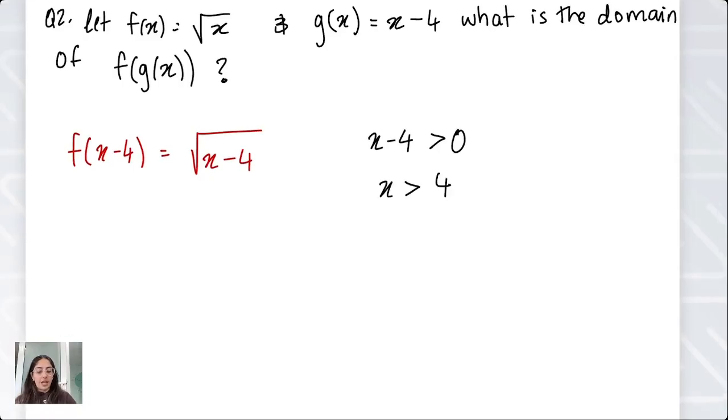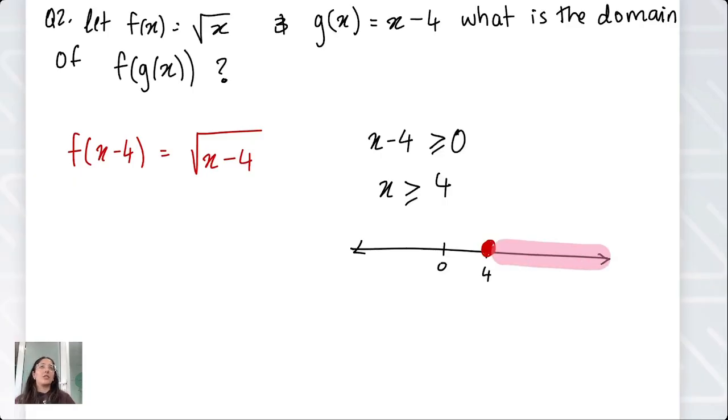If I graph what that looks like on a number line, I have 0 here, I have 4 here. Basically, is x allowed to equal 4? Yes, it is. Because if I have 4 minus 4, I get square root of 0, which is still fine. You can square root 0, you just can't square root anything negative. So I'm going to circle this, color it in, and then it's everything to the right of that.